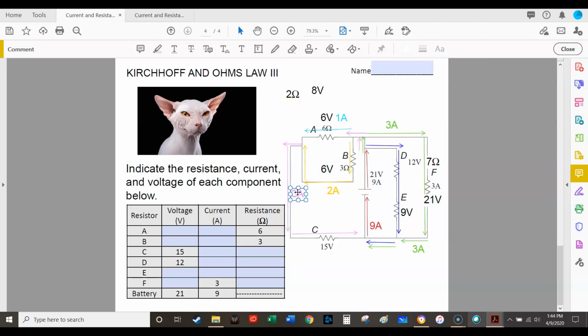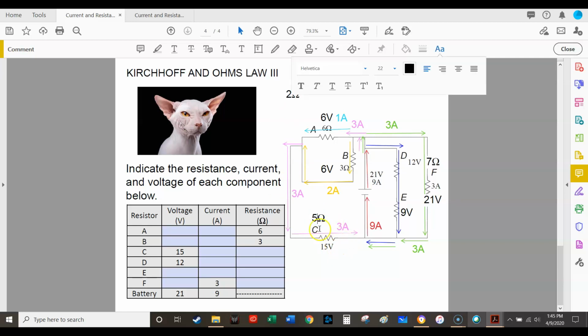So we know that this is 3 amps, and that we know C is getting 3 amps, and that we know that pink up here is split off into 3 amps. While we're here, let's get the resistance. We know 15 volts divided by 3 amps is going to be 5 ohms. Okay. We have all the components for the pink branch now.